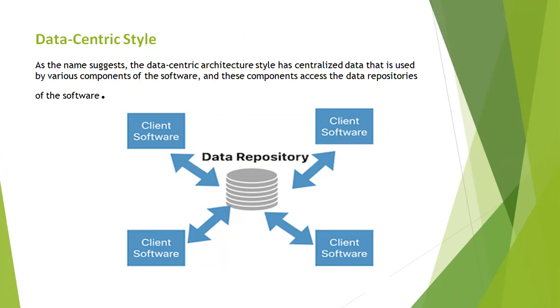Which means in data centric style, first of all, there is a repository for storing the overall data. There is a place to store the data, and that place is also called a repository.